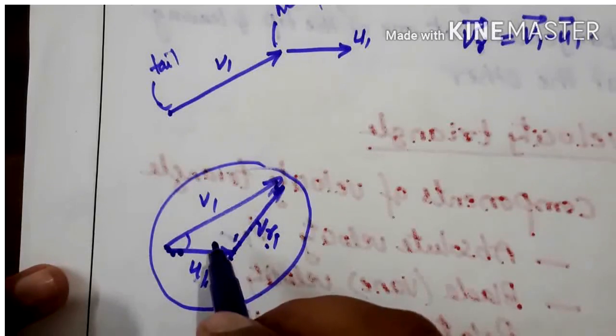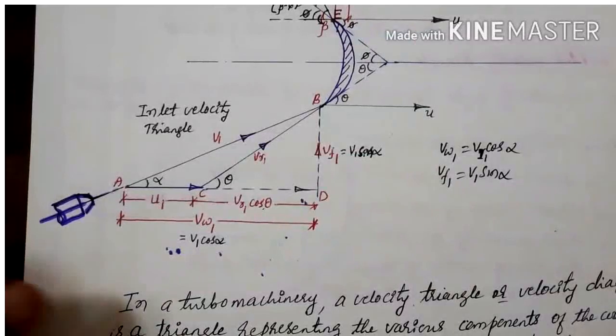Then we construct the velocity triangle like this. Actually it is like this: v1, then u1, then the third will be vr1. What I have done here is just shifted this one here, same magnitude. Then you join this, this will be vr1, this is v1 and this is u1, this is vr1.